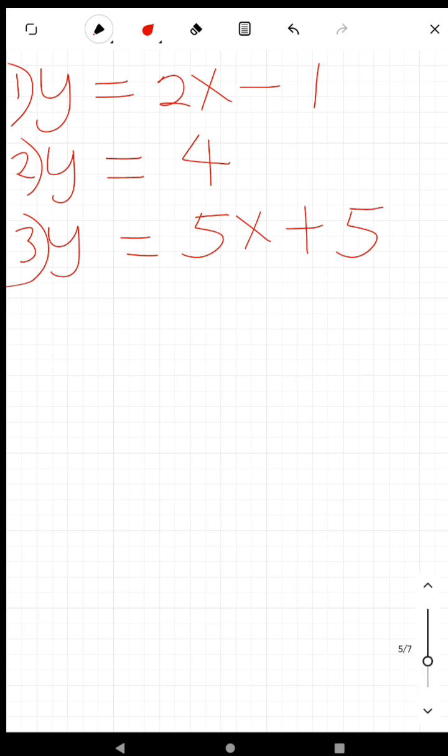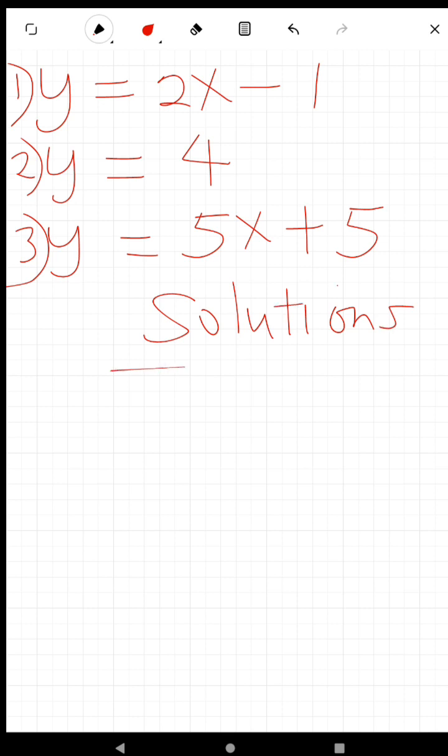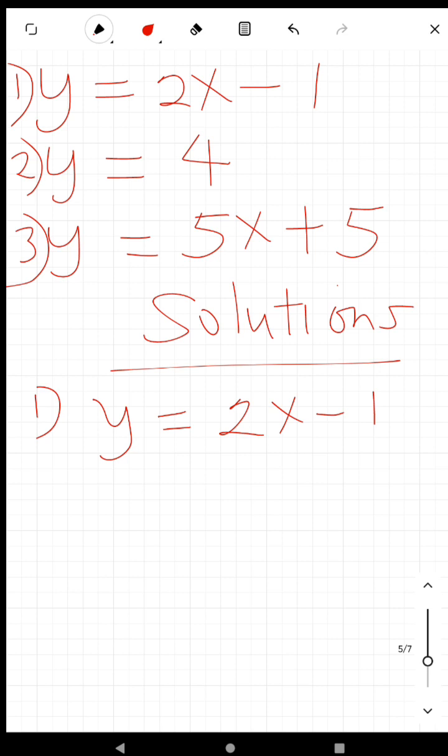Let's look at the solutions. I'll start with the first question, y is equal to 2x minus 1. The first thing I will do is compare it with the general equation of the straight line, where y is equal to mx plus c.